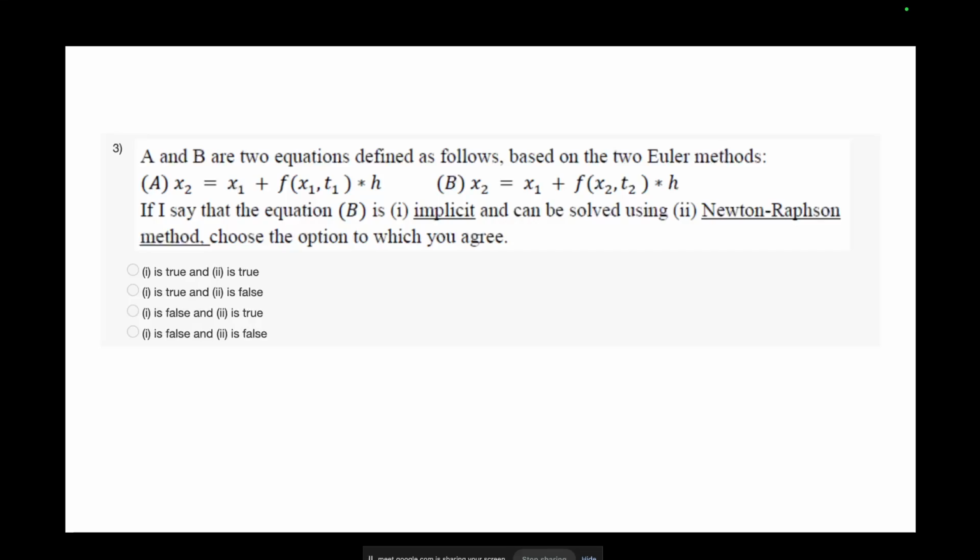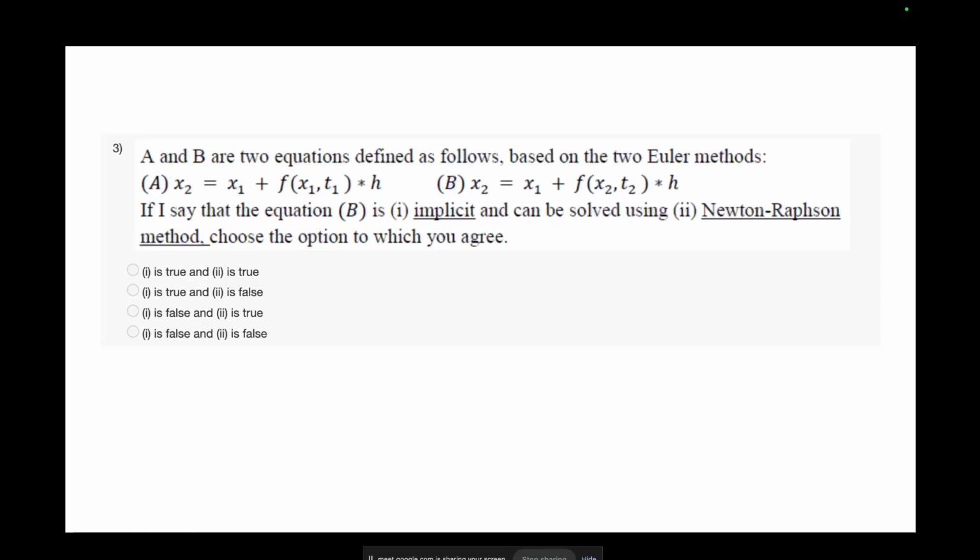So the difference between forward and backward Euler is... Sorry? Is it the difference between Euler's forward and backward method? No, so I'll first tell you what implicit means. If you see the two equations, there is a fundamental difference in these two equations. In the left one, you have x2 defined as a function of x1 and t1. But in the second equation, x2 is defined as a function of x1 and also a function of itself.